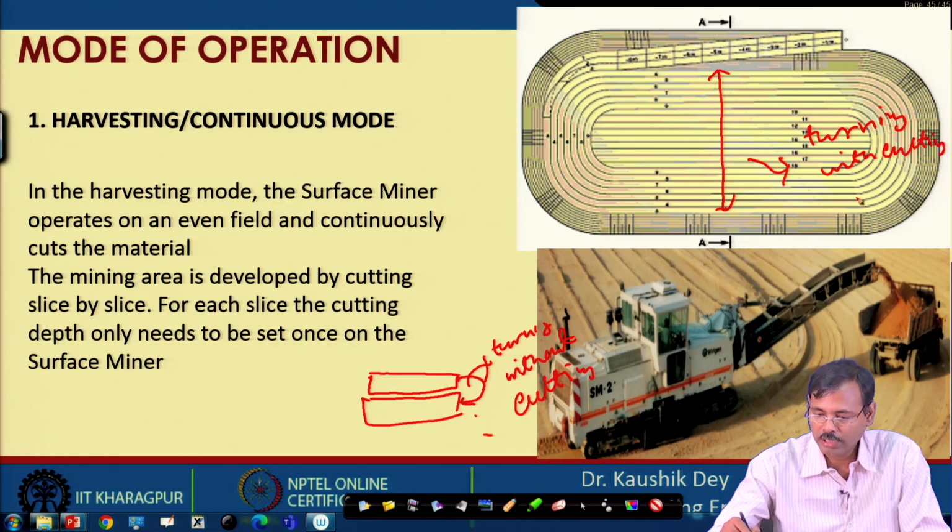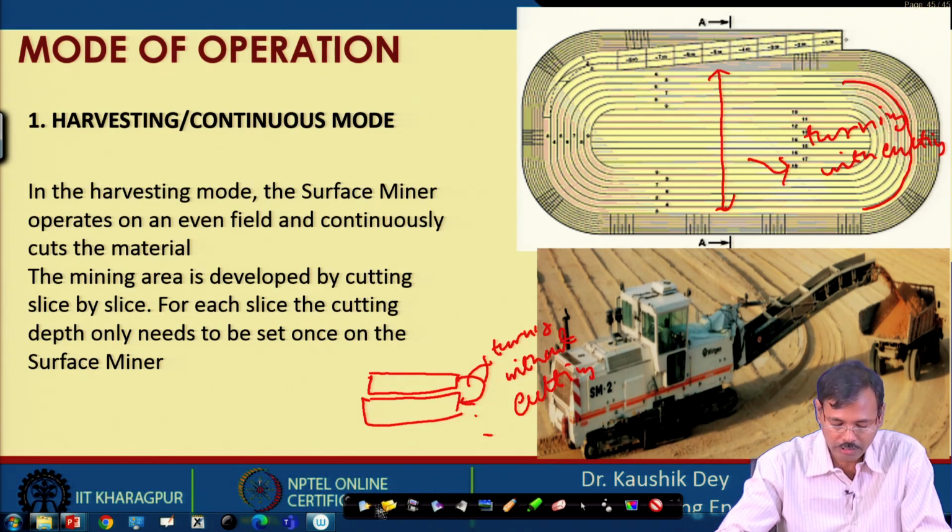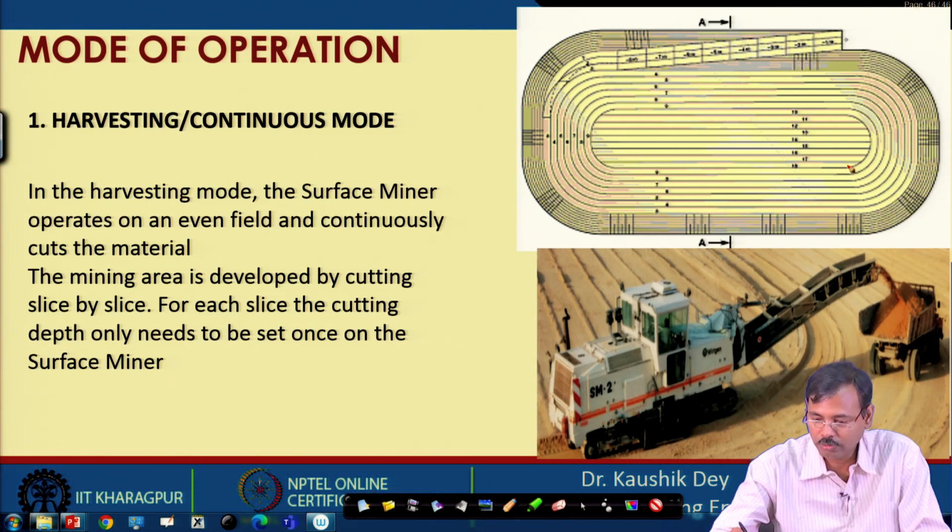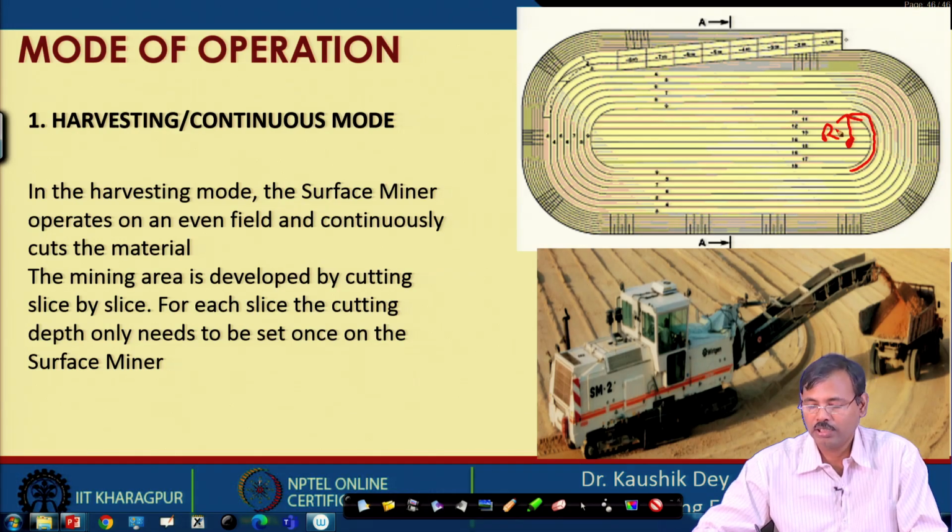Similarly, here we have to turn with cutting, that is why we need a very large turning radius. So, the minimum turning radius which can be seen here with cutting is this much. This is the minimum turning radius required for the turning of the surface miner with cutting.